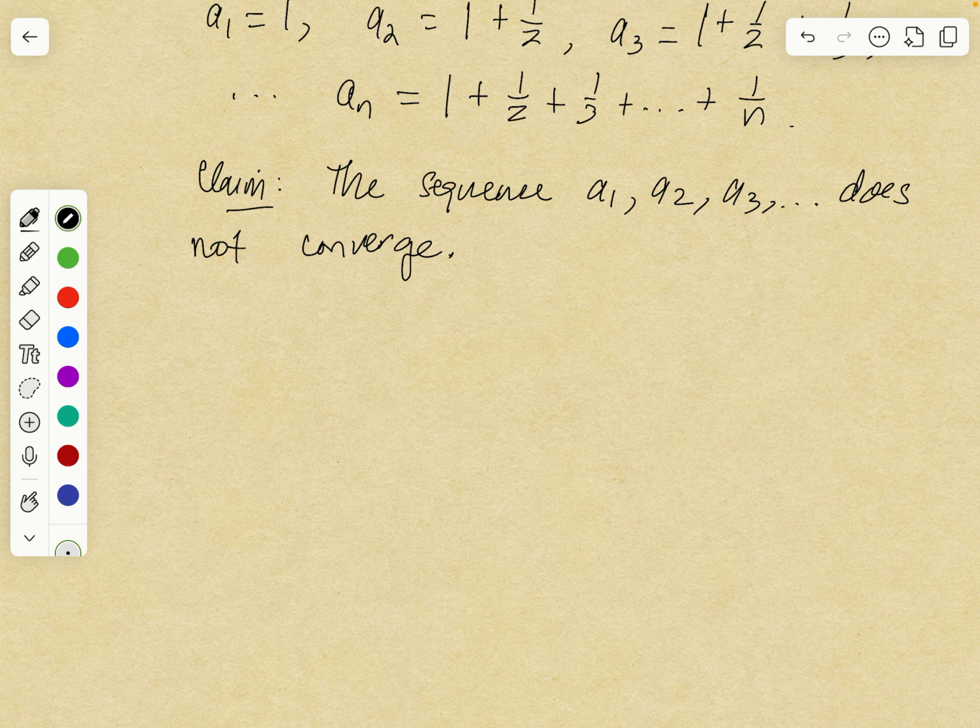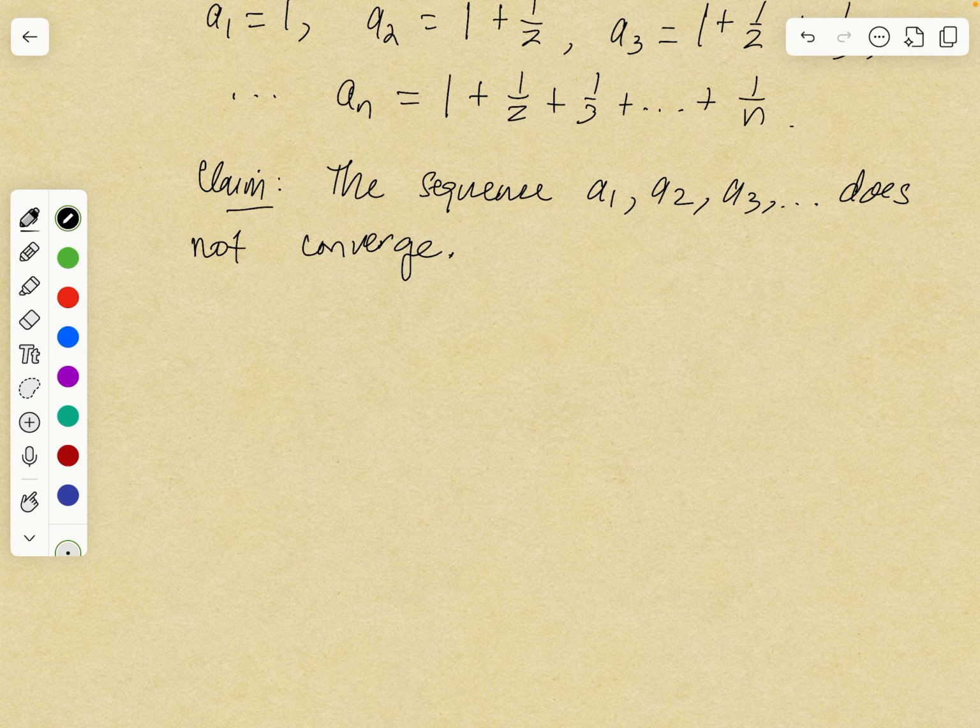One way to prove this is to prove that it's not Cauchy. So how do we show that something is not Cauchy? Remember, to show that a sequence is not Cauchy, we want to show that there is some epsilon greater than 0, such that for every positive integer capital N, there exist integers m and n greater than capital N, such that the distance between a sub m and a sub n is greater than epsilon. That's what it means to not be Cauchy.